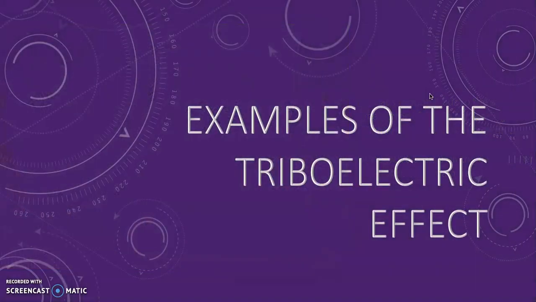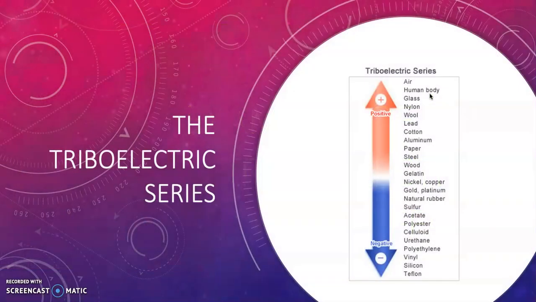If we jump back a couple slides to the triboelectric series, more than likely the cat's fur is going to fall somewhere on this scale between the wool and the human body. I'd say a cat's fur is probably a little closer to wool, but it's kind of hair, fur. Anyways, it's going to be in the middle of this.